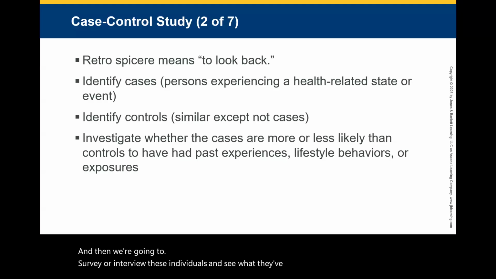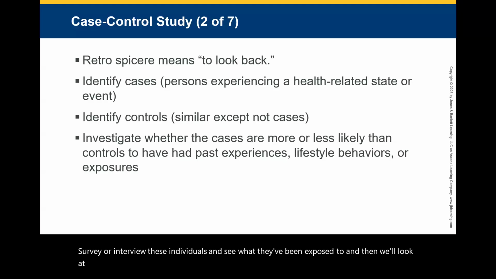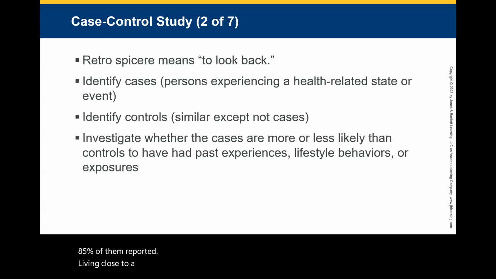And then we'll look at that data that comes in and say, oh, well, in the cases group, 85% of them reported living close to power lines. While in the control group, only 5% reported living next to a power line.